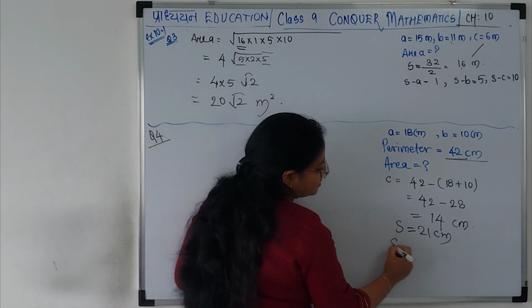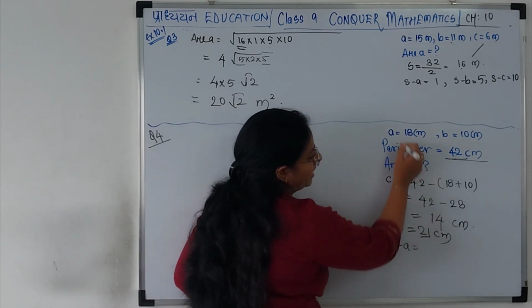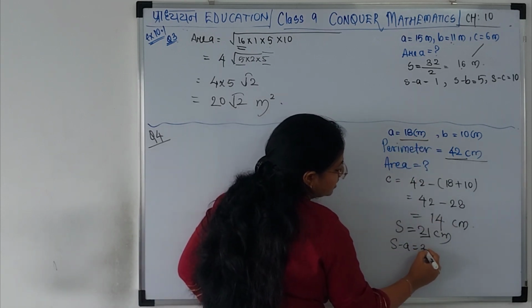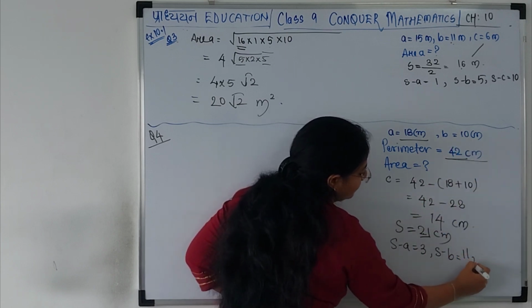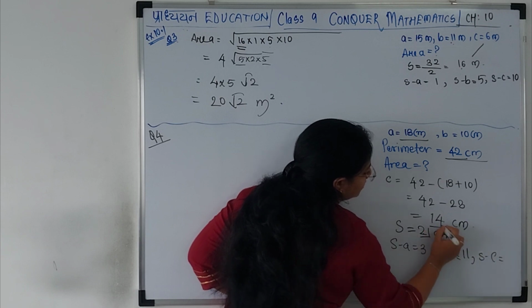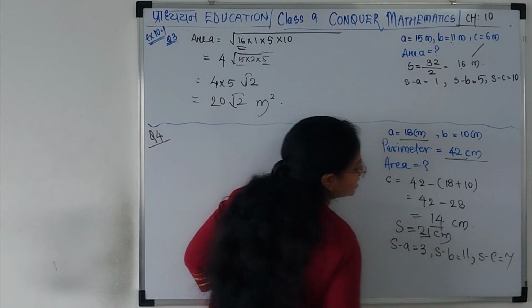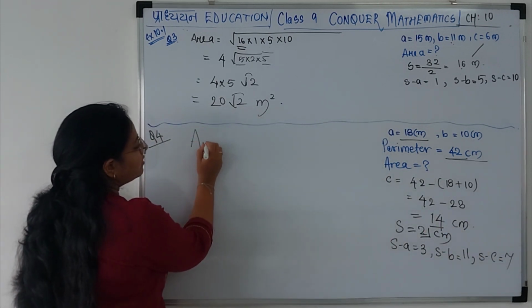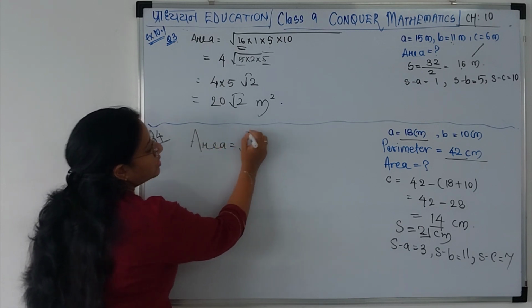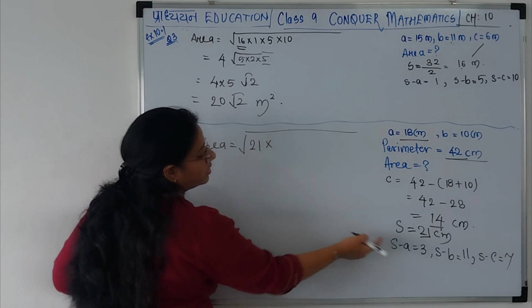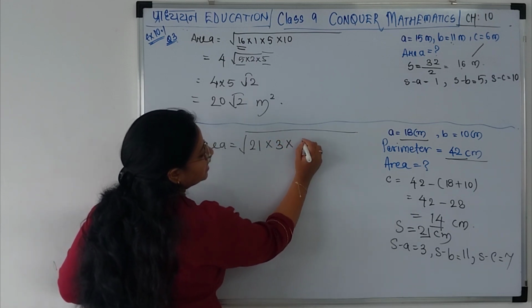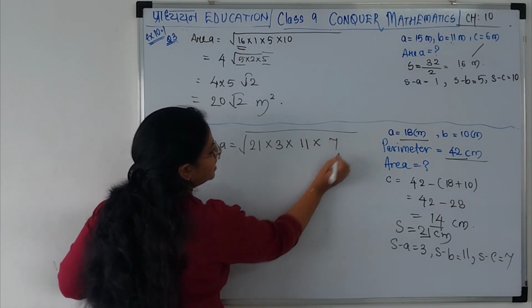Now you have perimeter as 42, so you can say semi-perimeter as 42 by 2, that is 21 centimeters. So you have S minus A as 21 minus 18, that is 3. S minus B is 21 minus 10, that is 11. S minus C is 21 minus 14, and that is 7. So area will be given by again root of S, that is 21 into S minus A 3 into S minus B 11, S minus C 7.